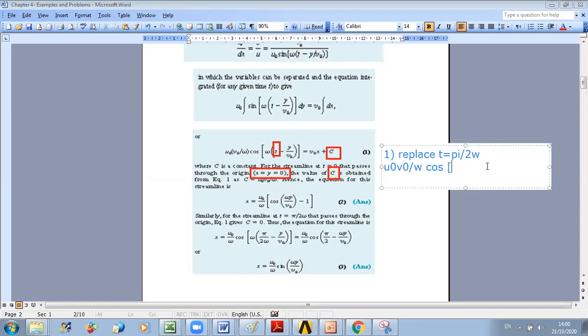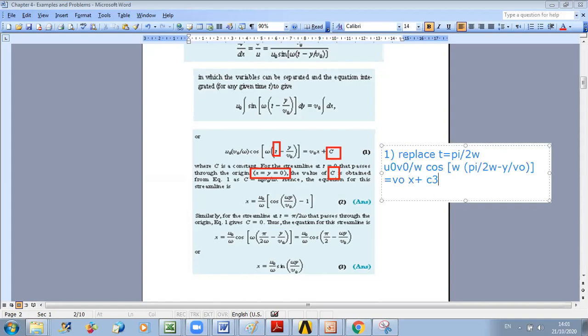So I have omega times, I replace t by its value, which is pi over 2 omega, minus y over v0, and this is equal to v0x plus a constant. I will call it C3 if you want to not confuse the constants.